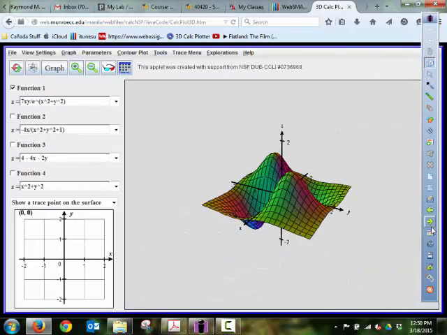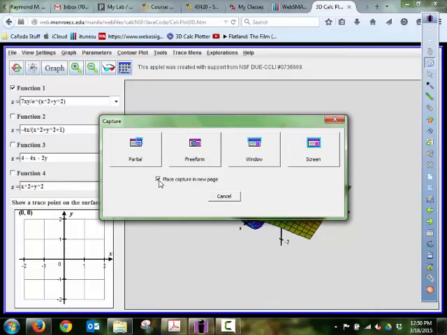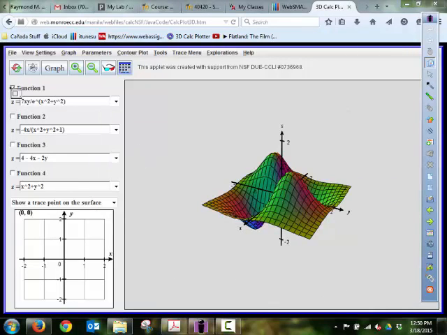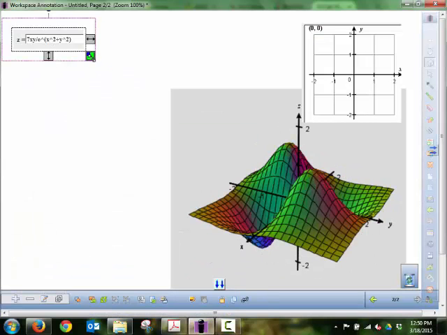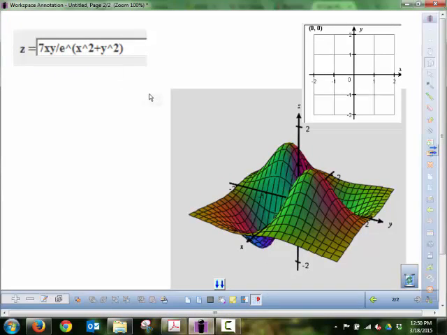And we might as well take a picture of our function. So let's work with this function. It's 7xy divided by e to the x squared plus y squared. So this is how our graph would look.